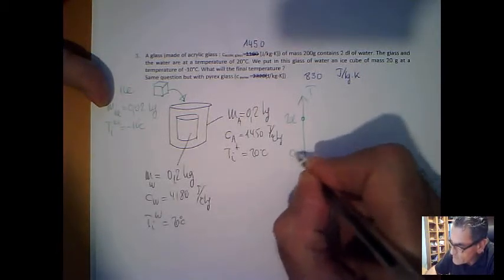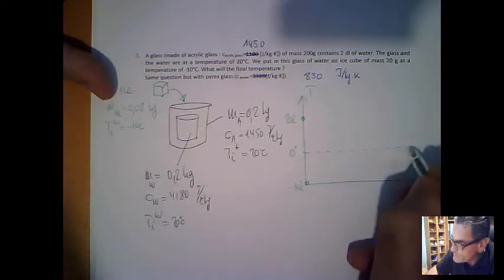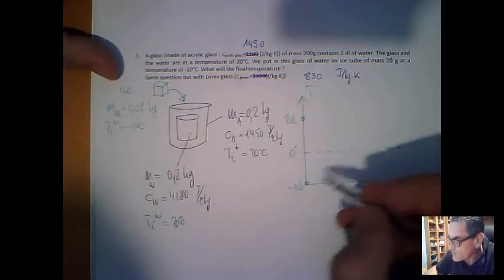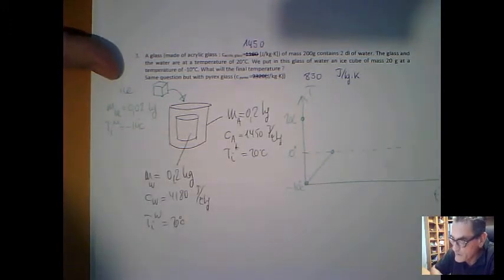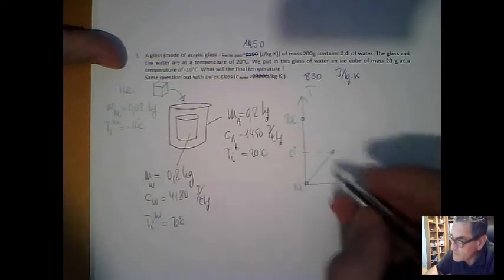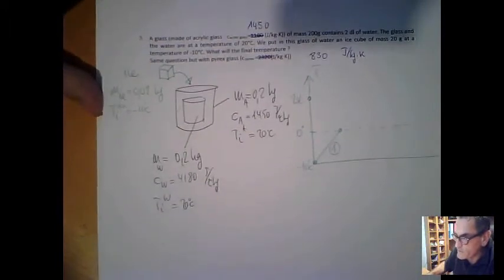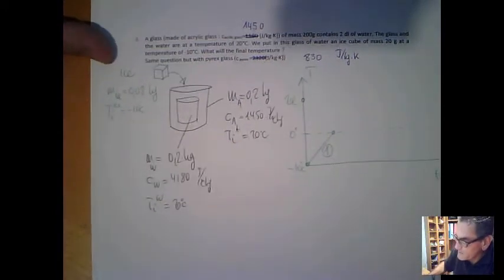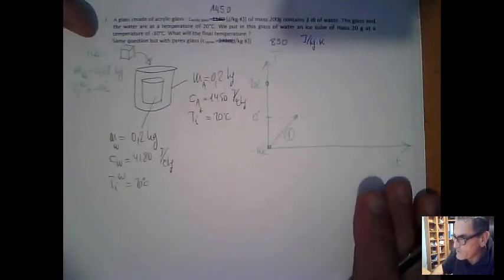So here somewhere there's the 0 degree level. And what is going to happen? The ice is going to warm up until 0, and in doing that, it's going to need how much energy? Let's compute. I'm progressing a bit cautiously because we don't know what the result is going to be.